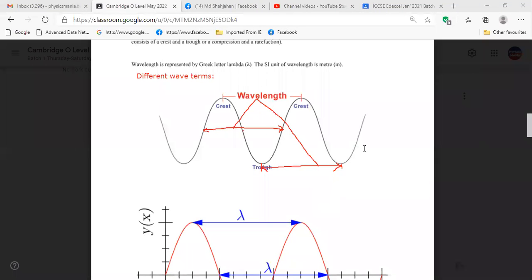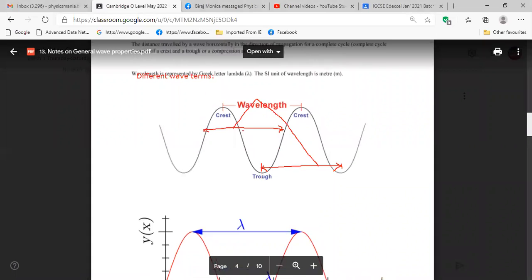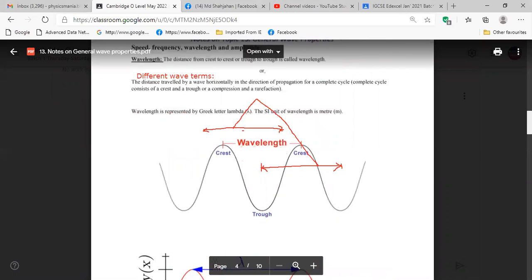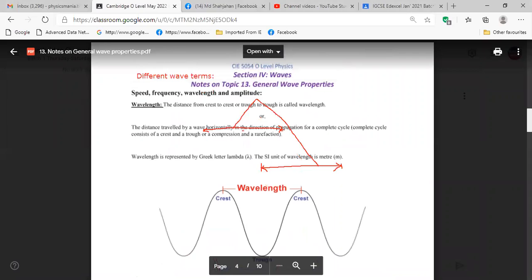Are you done with this drawing? Yes, sir. So if you are done with this drawing, please write this definition. This definition you write: wavelength.